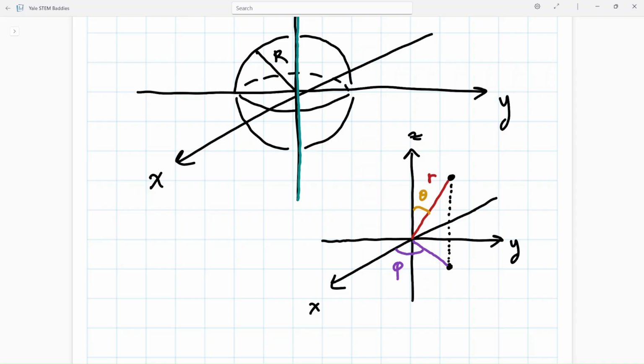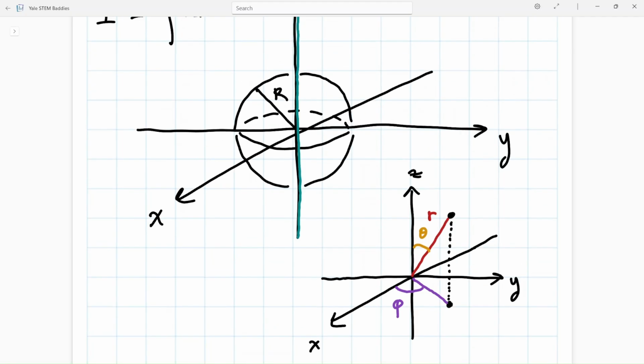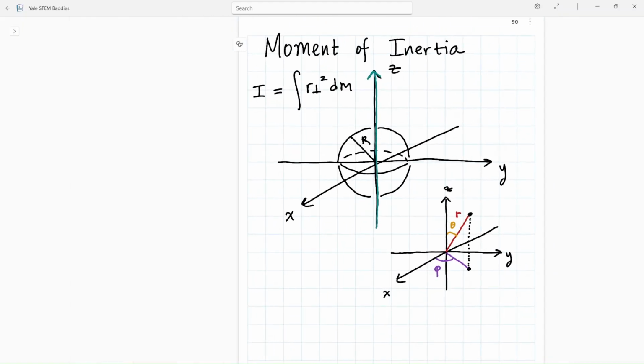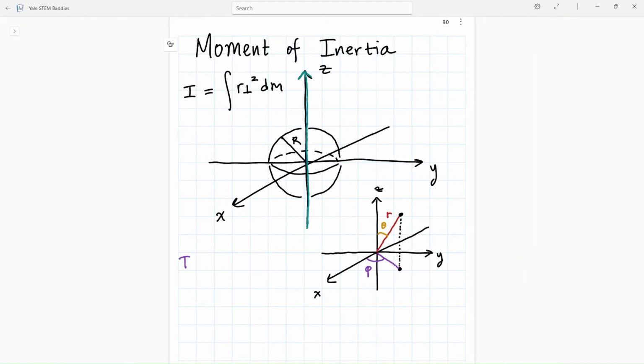That's called the azimuthal angle. So we can use these three quantities, absolute distance from the origin, theta, and phi, to categorize where a point rests in space. Now, knowing this about spherical coordinates, we're going to start manipulating our integral.